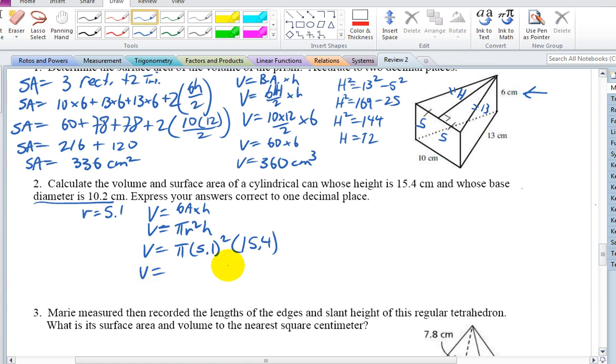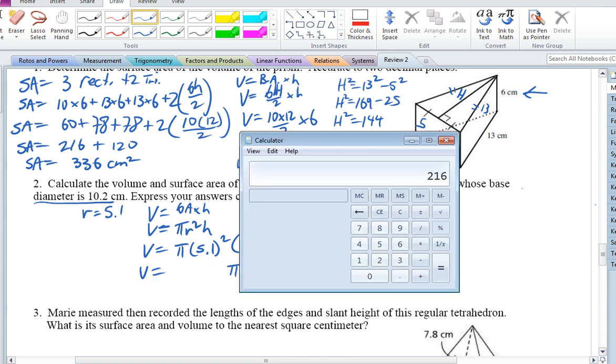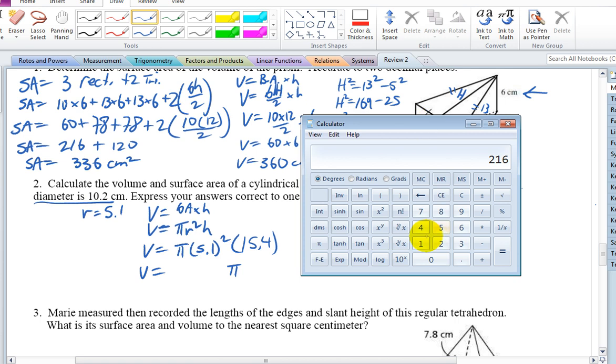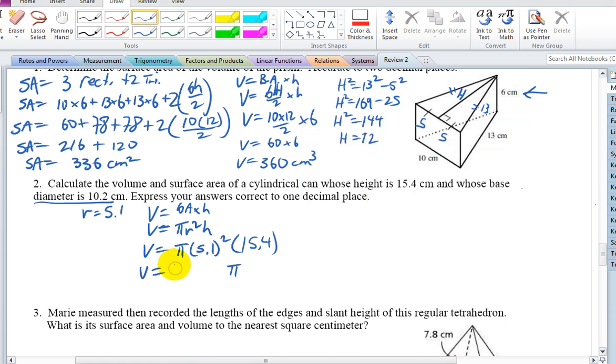Now, you just have to tell me how many pi's there are. So on your calculator, 5.1 squared times 15.4. 400.554. Okay. That is a multiplication, folks.